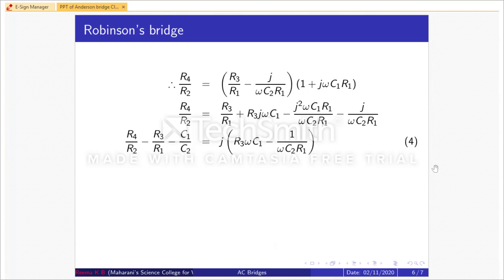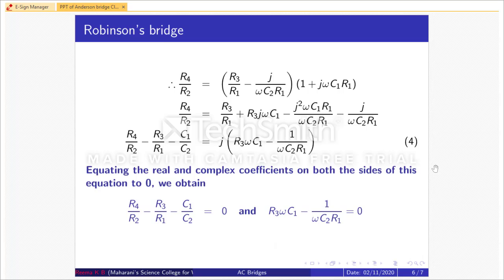Therefore, R4 by R2 minus R3 by R1 minus C1 by C2 is equal to j times (R3 omega C1 minus 1 by omega C2 into R1).